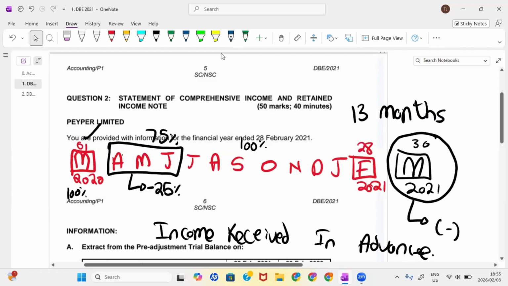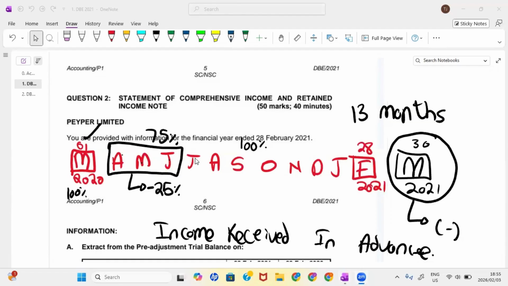I see 10. I see 9 months. I knew I was going to get 9 months. I see 7 months. Whoa. Where did we get the 7 months? I'm curious to know that.